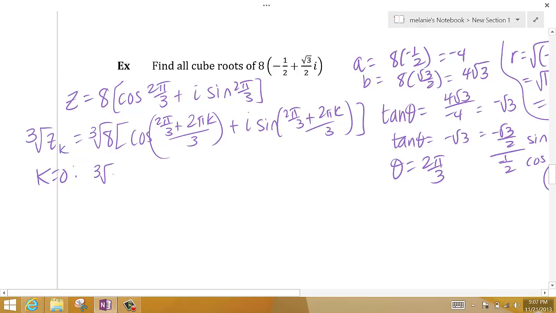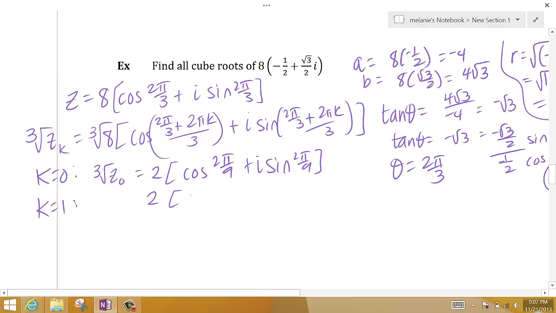The cube root, z sub 0, I get 2, then cosine of 2 pi over 9, because I have 0 here, so I get 2 pi over 3 divided by 3, plus i sine 2 pi over 9. If k is 1, I get 2 times cosine of 2 pi over 3 plus 6 pi over 3, that's 8 pi over 3, so 8 pi over 9.